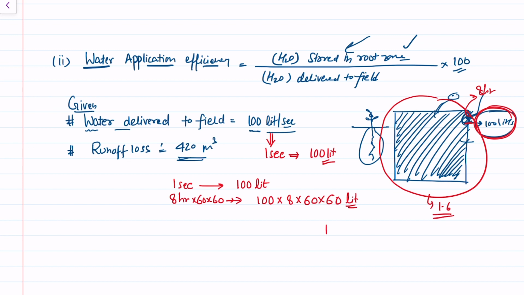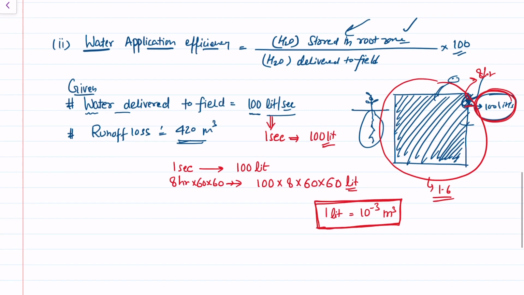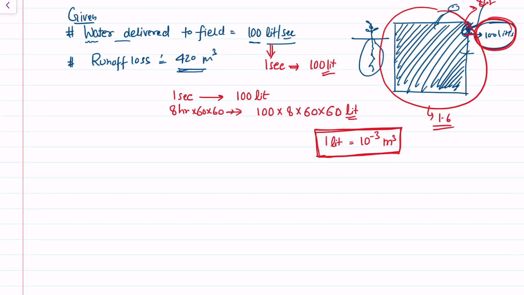And we know 1 liter is equal to 10 to the power minus 3 meter cube. Just remember it, it's a very important unit conversion. We have discussed it before, and it will be used frequently in irrigation and in other mathematics also.